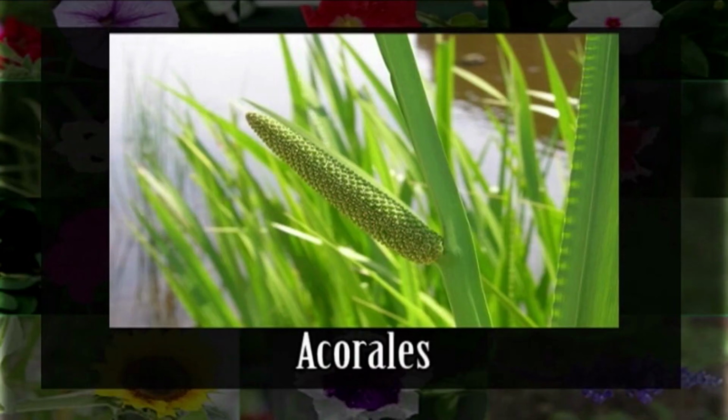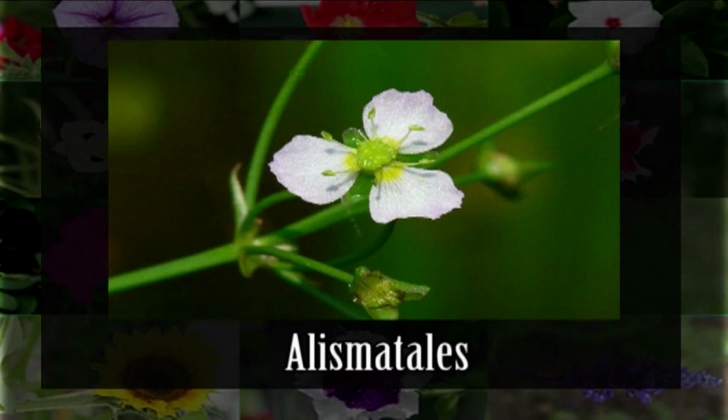Then starts the informal clade of what used to be called monocots, but here the monocots are in a more restricted manner. The orders that have been recognized under these monocots are: number 1, Acorales. This is represented by just a single family, Acoraceae. Then one more order is Alismatales.